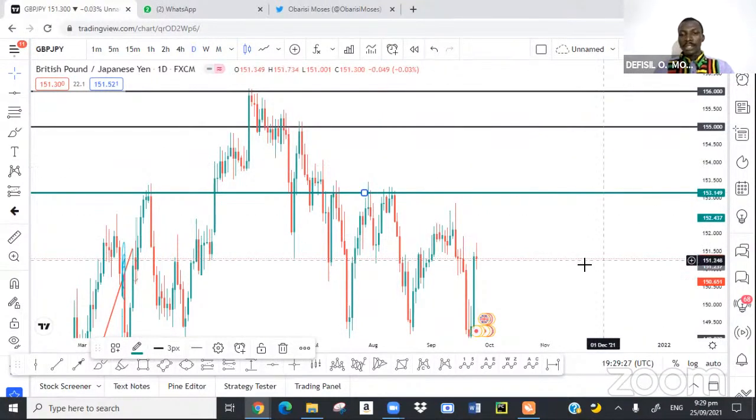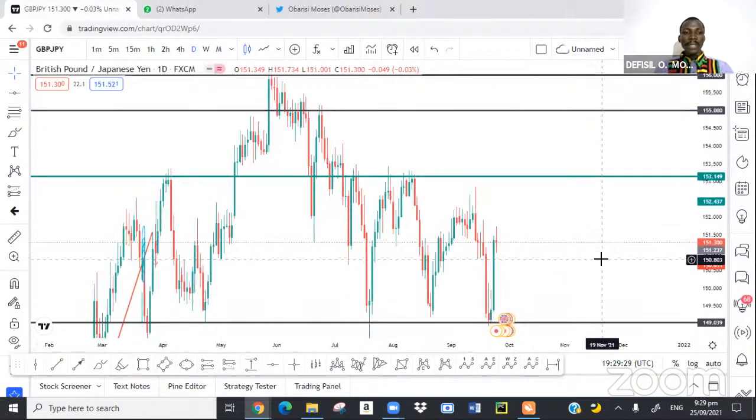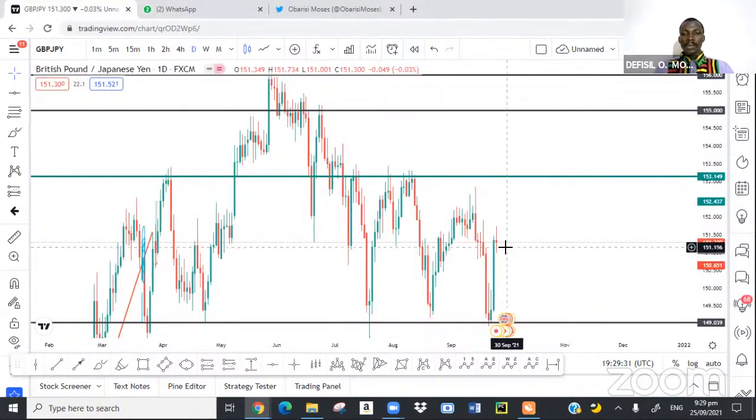So what we can see here now is that this market is currently meeting some mini barrier before getting to this level. It's meeting some small barrier before coming to this level.